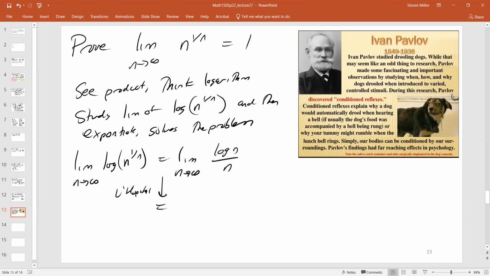And so this is going to be the limit as n goes to infinity. What's the derivative of log of n? 1 over n. And the derivative of n is just 1. So this is just the limit as n goes to infinity of 1 over n, which equals 0.